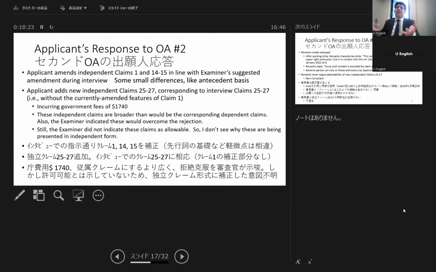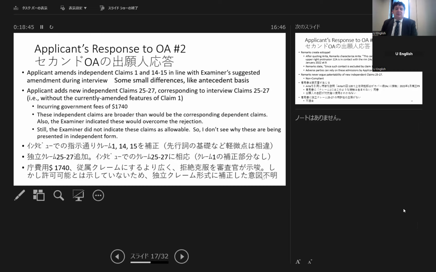So they've taken these dependent claims, written them in independent form, and did not include the currently amended features of claim 1. Because they're adding 3 independent claims, this incurred government fees of $1,740. This was pretty expensive for them.